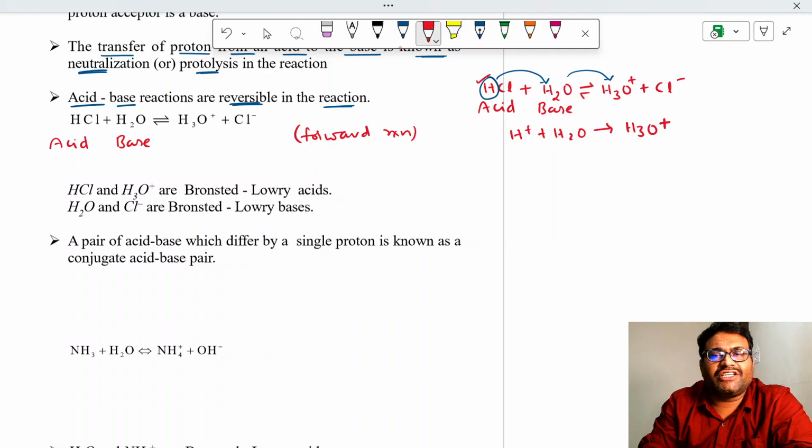Now let us take the backward direction reaction.